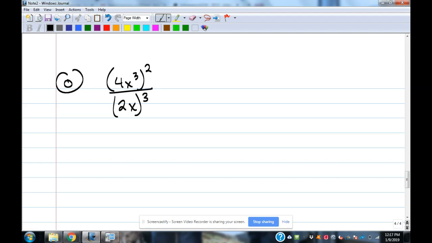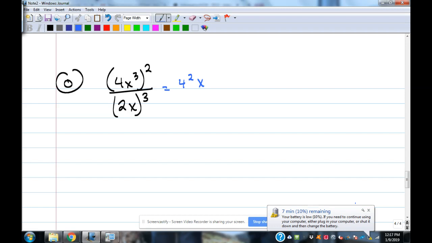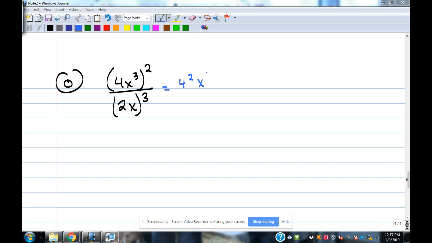But they're both tied inside of parentheses first, right? I gotta do the exponents on the outside before I can do the bases being the same. So the top part's going to be what? 4 squared, x to the 6th, 3 times 2.